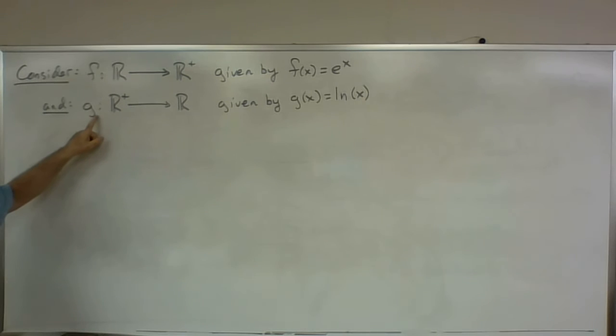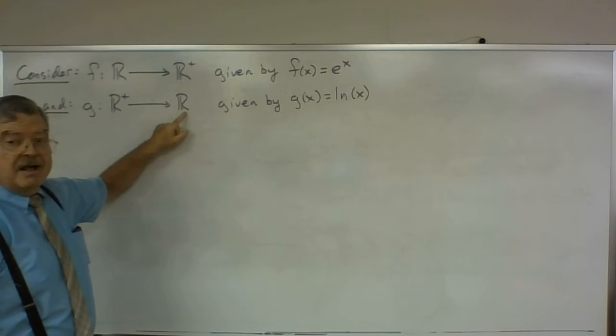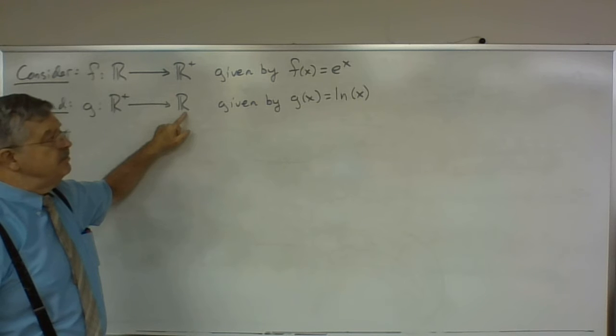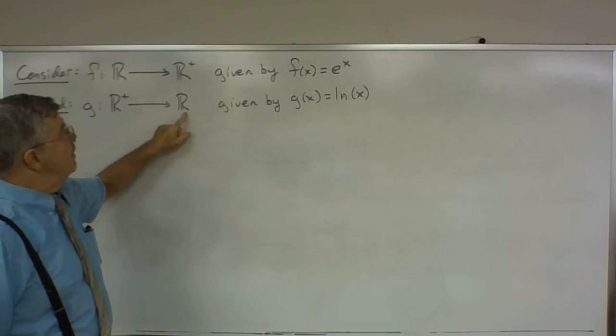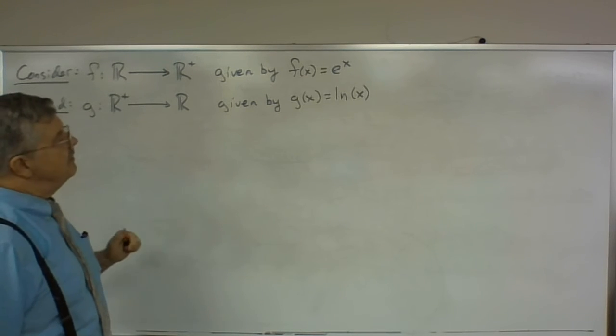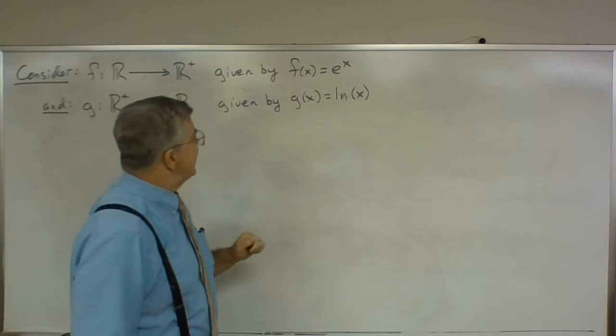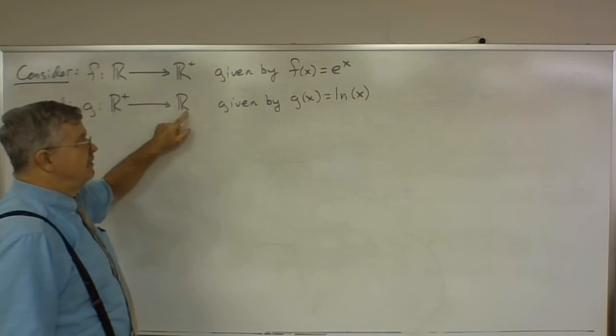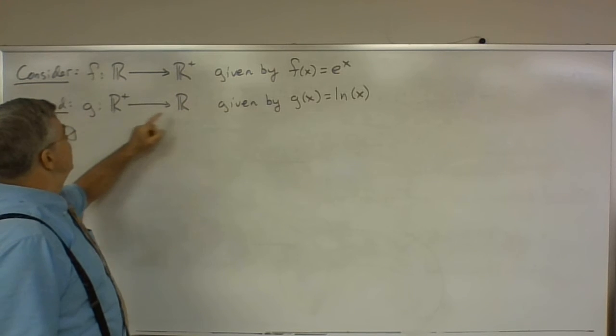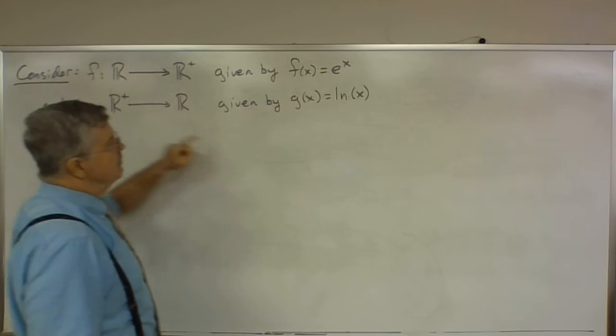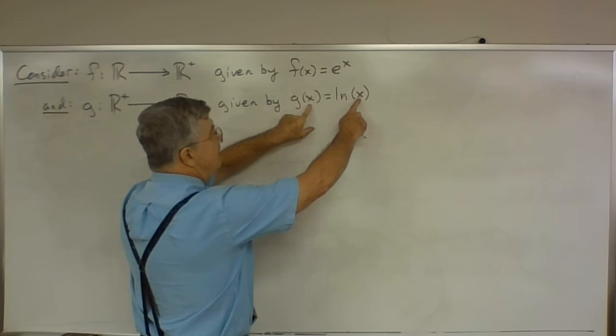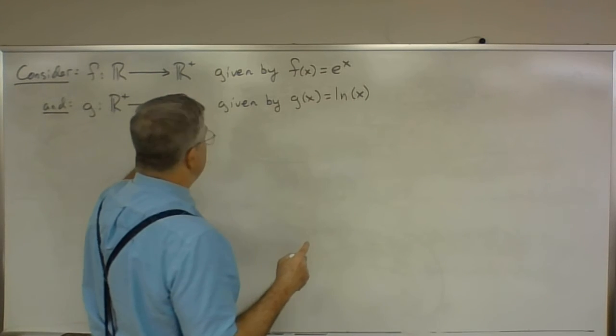And here, g, the natural log of x, maps the entire set of positive real numbers onto the entire set of real numbers, period. So given any value in the real numbers, there's some positive real number that we can plug into the natural log of x to get that real number.